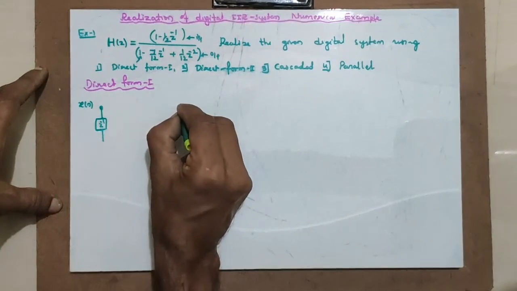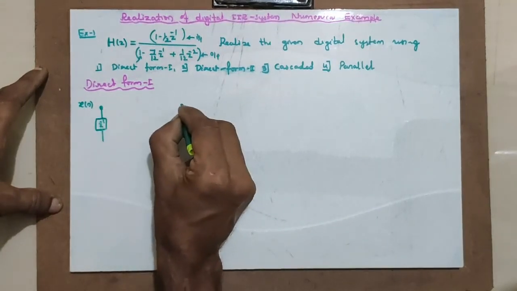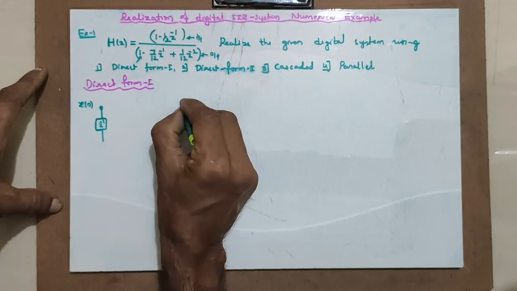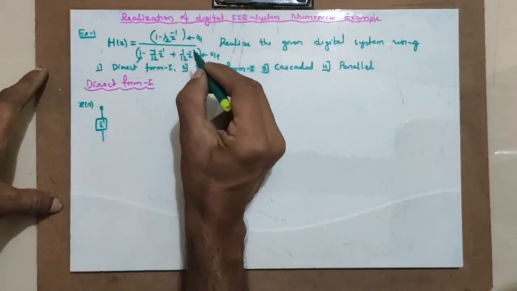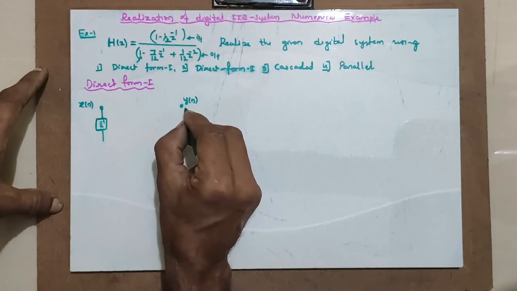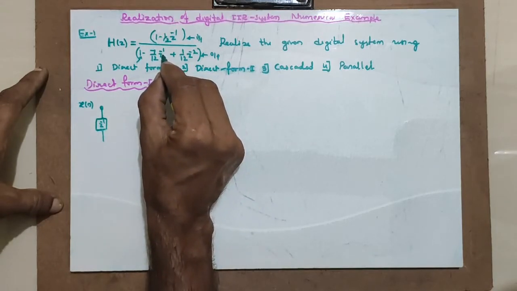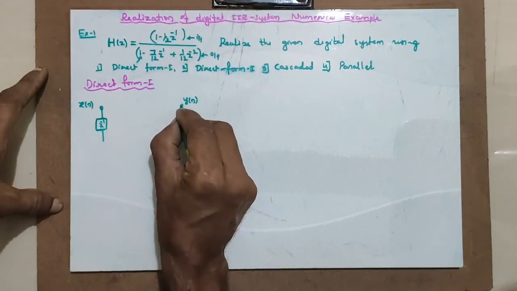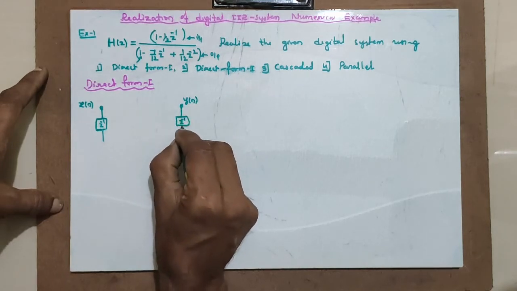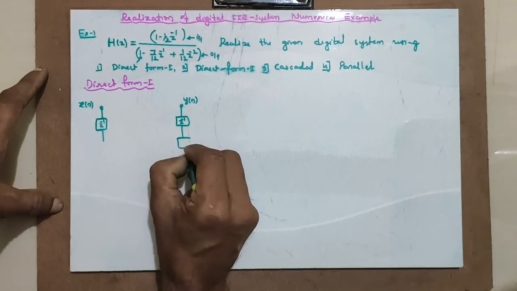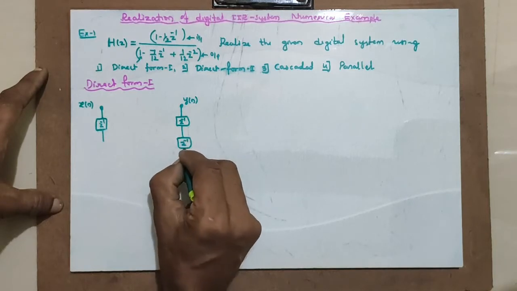Similarly, come to the output side. At a distance you have the output node here. Represent it as y(n), and this equation you have to implement. See how many delay elements are available, 1 and 2. Hence please see that 2 delay elements are put there.